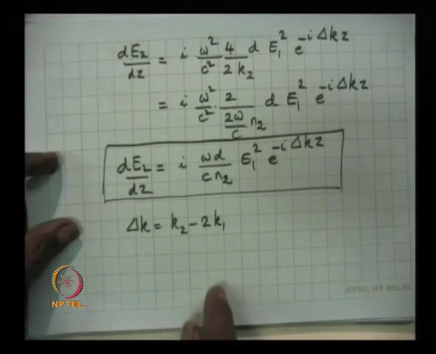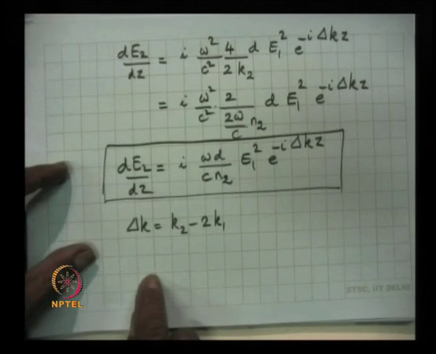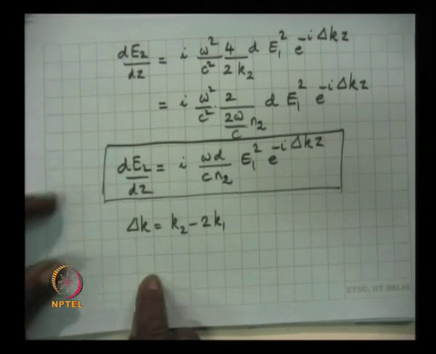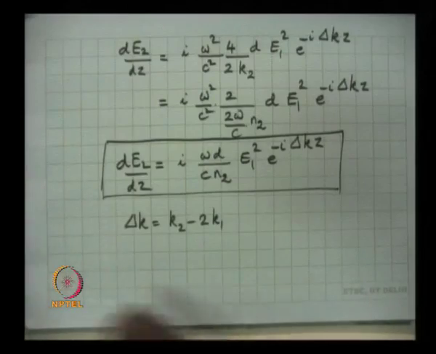Okay. So, the question is whether the conservation of energy can be used. Yes, I can use the equations provided I write this equation and the corresponding dE1 by dz equation, because right from the beginning I am neglecting the generation of all other frequencies.